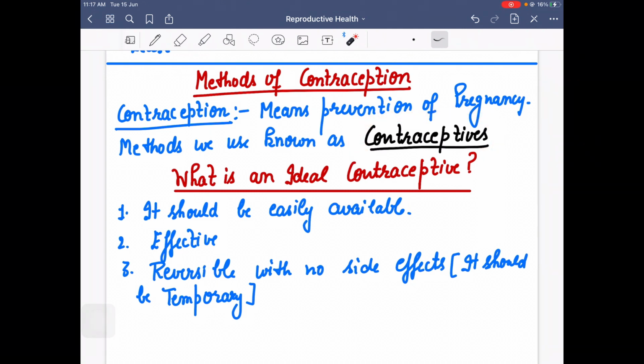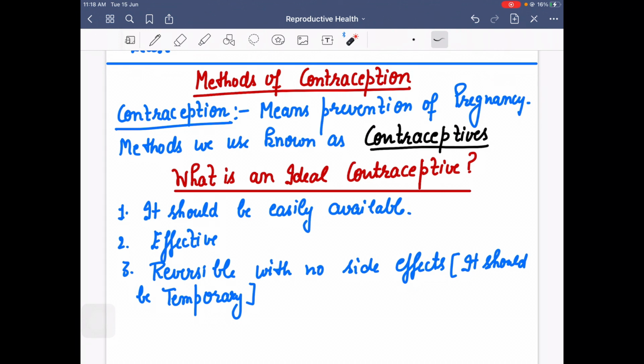I think it is clear what we are going to discuss: different methods of how you can prevent pregnancy when a person's family is complete and it already has 2 kids and you don't want more. Or if a couple wants to take a break and doesn't want to have a child at that time, how different methods are helpful to prevent pregnancy.